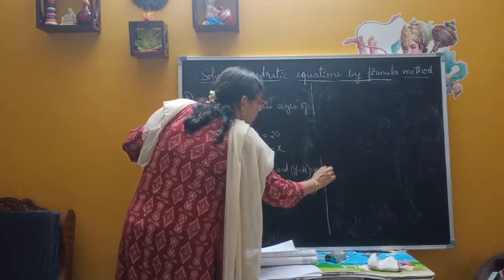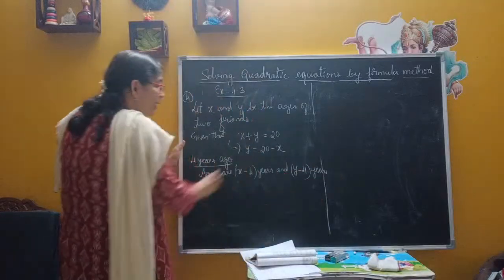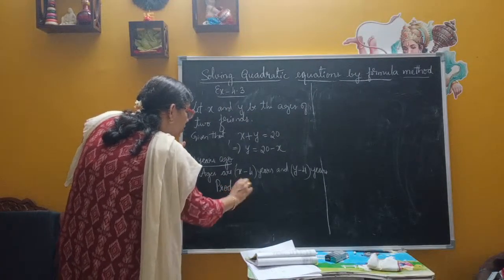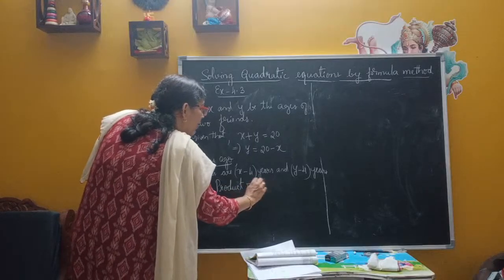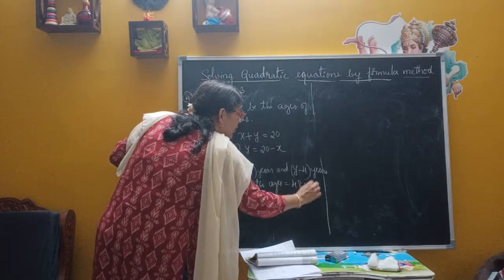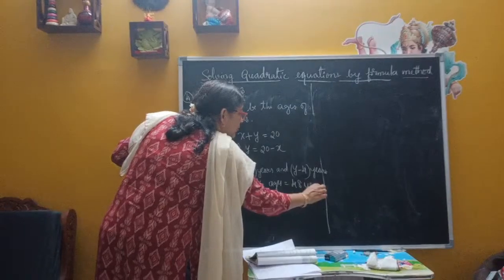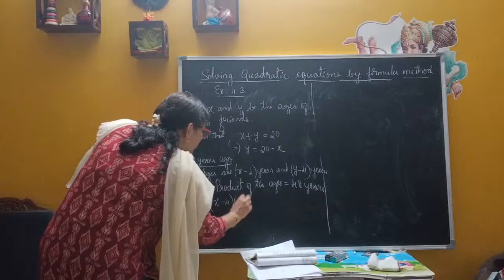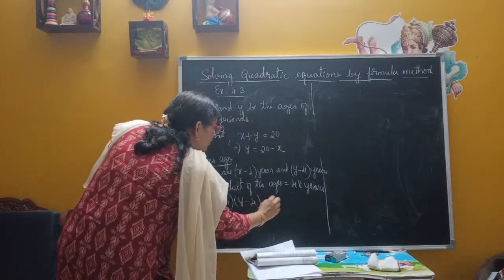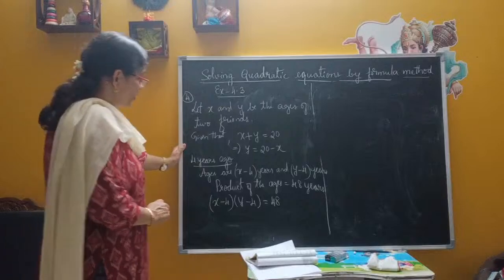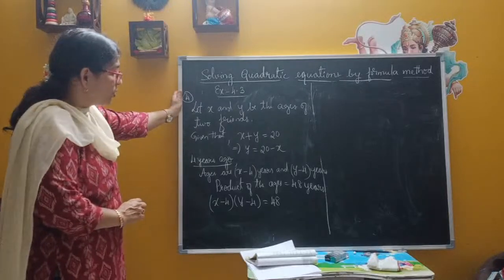What is their product? Product is 48. Product of the ages is 48 years. So let us take x minus 4 into y minus 4 is equal to 48.